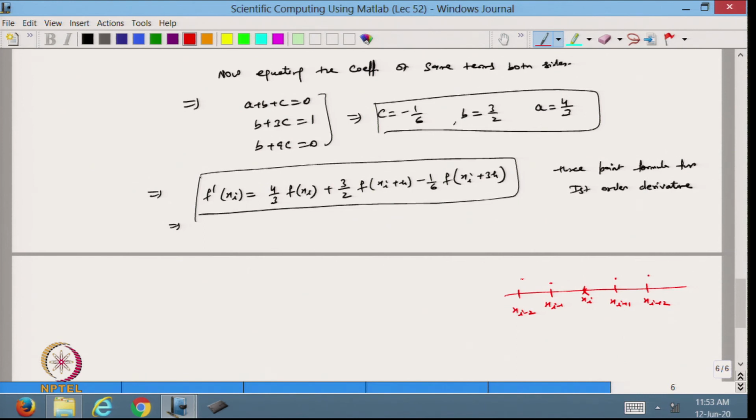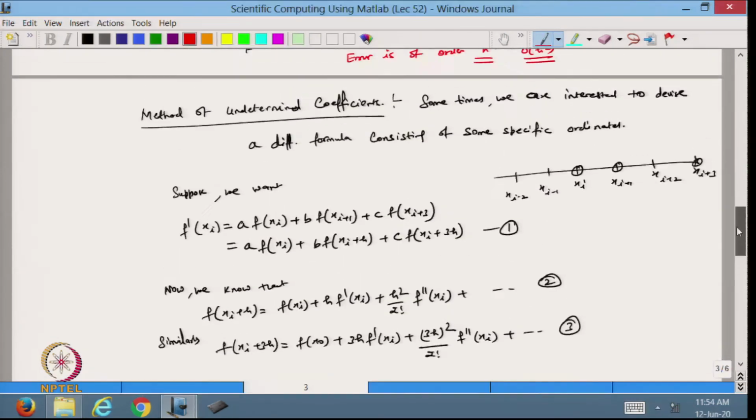That is the 5-point stencil we have. With the help of Taylor series we can find the derivative of the function at any point xi using the neighborhood points that are given to us as data, with the help of the method of undetermined coefficients.